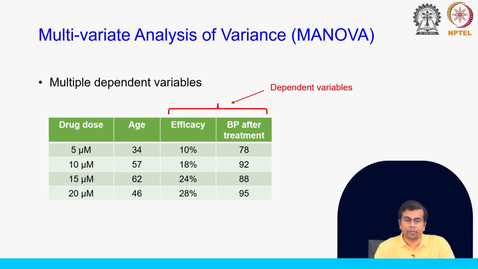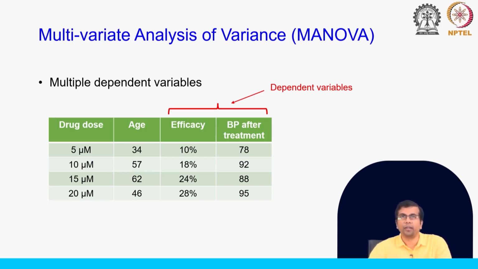In this example we now add another dependent variable, which is, let us say, blood pressure after treatment. Let us say we are testing a drug dose for a drug that actually affects blood pressure. So, we want to see how the blood pressure is affected by drug dose, or how the age of the person affects this blood pressure. So, we can have multiple dependent variables.